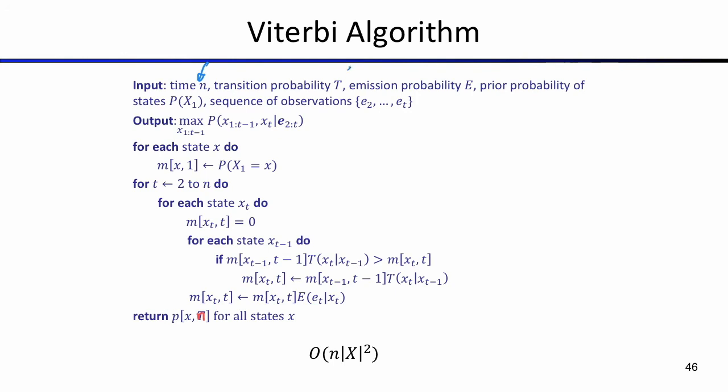We have the transition probability, we have the emission probability, we have the prior probability of the states. So it would be better if it's having the prior probability of the initial states x1, which is p(x1), and a sequence of observations e2 to eT, and I'm going to return the maximum.